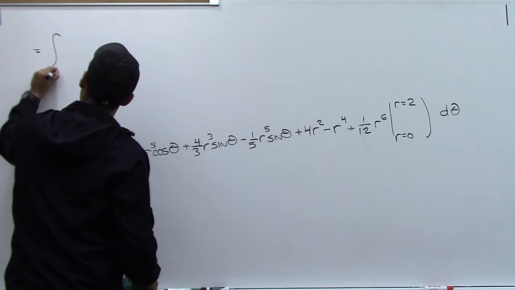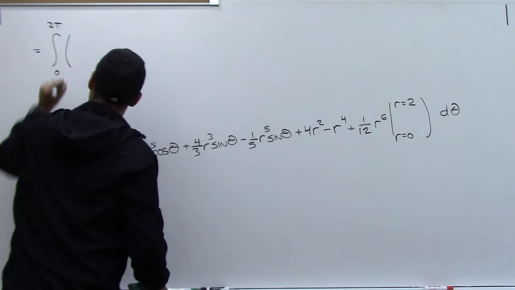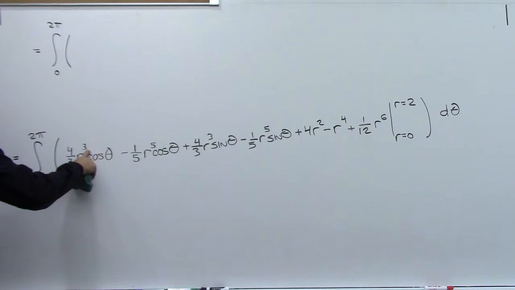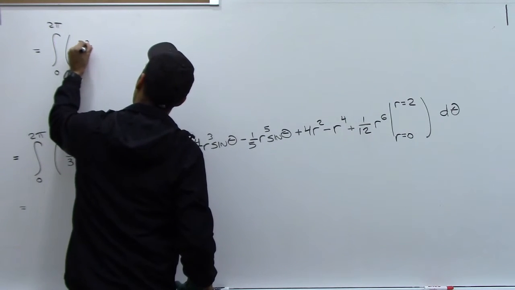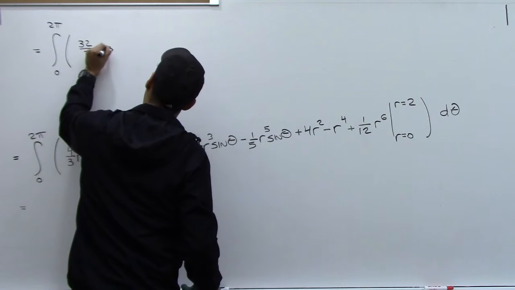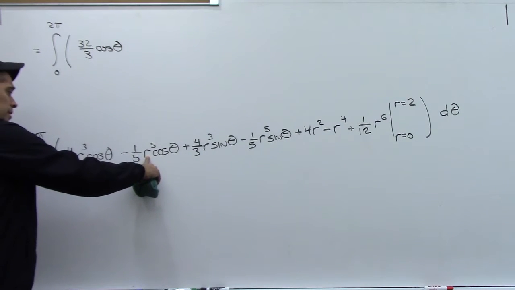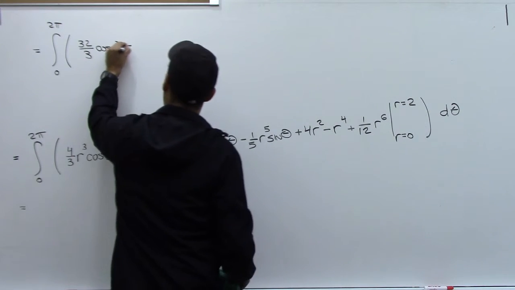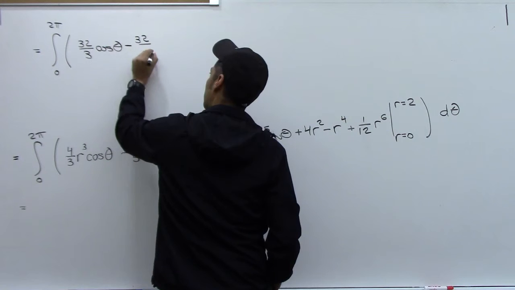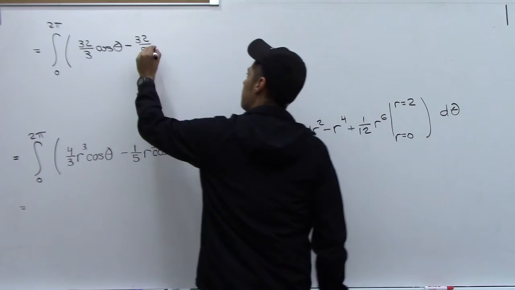Integral 0 to 2 pi. All right, so I will have 2 cubed is 8, so 8 times 4, 32/3 cosine theta. Okay, plug in 2 here, you should get 32 over 5, so minus 32 over 5 cosine theta.